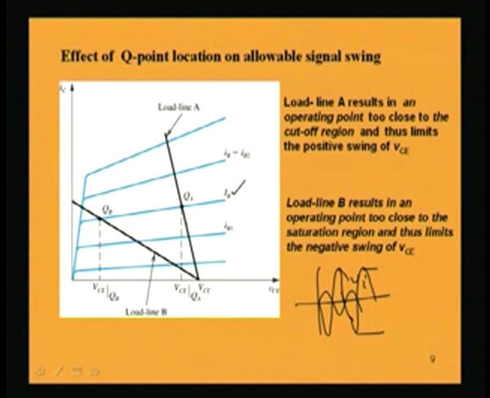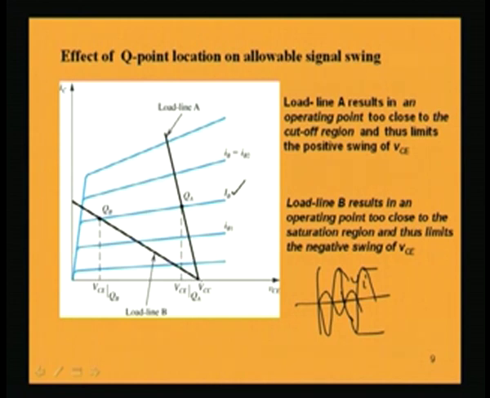So, the voltage at the collector, if I consider the QA load line, then as we see, this operating point has this DC value, and this DC value is very close to the cutoff region.